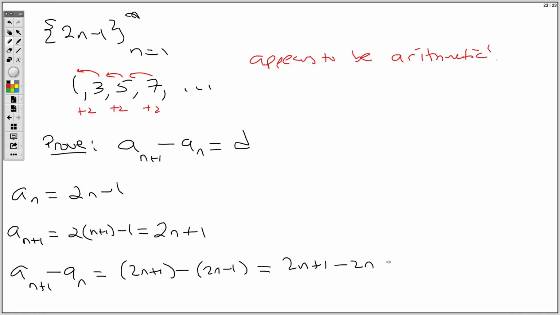Don't forget to distribute the negative. Sure enough, the n's do cancel out, and I'm left with a positive 2. So that's the proof here that it is arithmetic. The common difference here is 2.